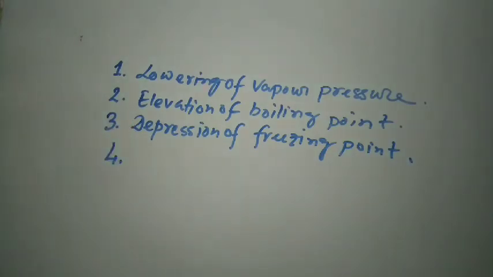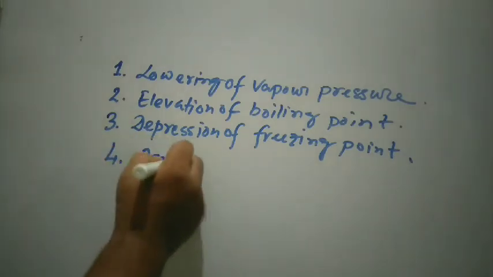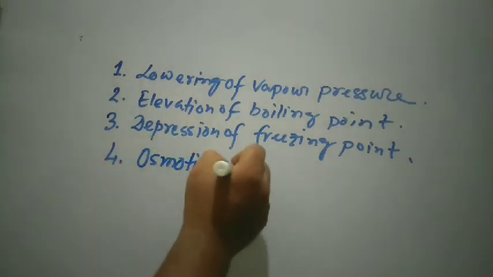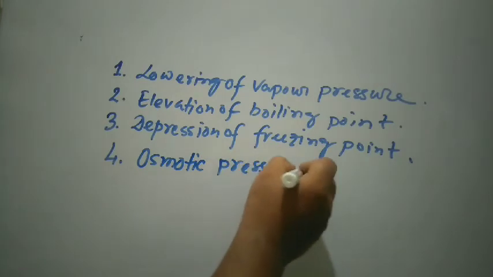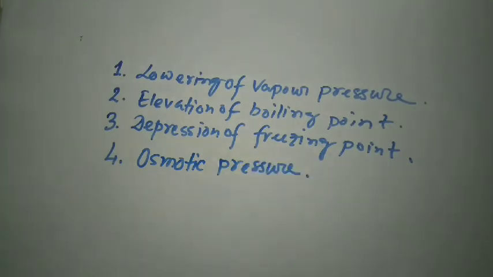Fourth is osmotic pressure. So we have to read about 4 colligative properties. One is lowering of vapor pressure, second is elevation of boiling point, third is depression of freezing point, fourth is osmotic pressure. So let's read one by one.